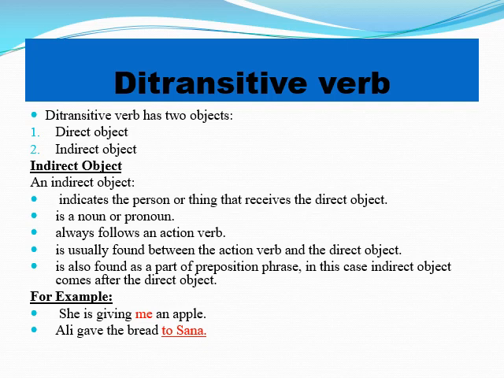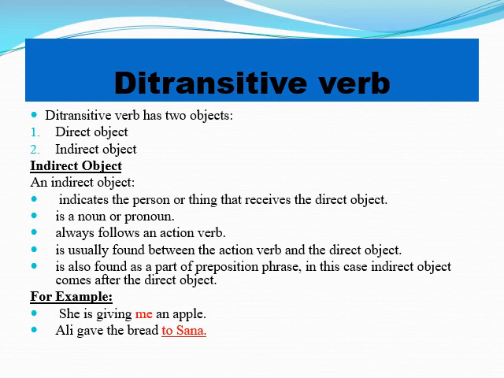Let me explain another example. Ali gave the bread to Sana. Ali gave what? The answer is bread. So bread is direct object. Who received the bread? The answer is Sana. So Sana is indirect object. Look at the order of this example.